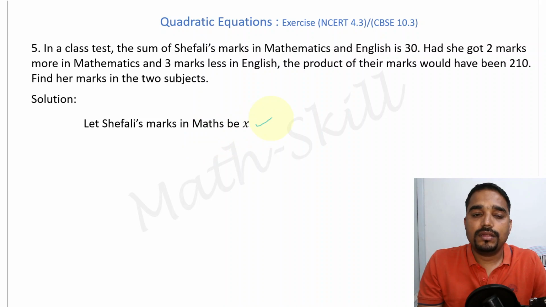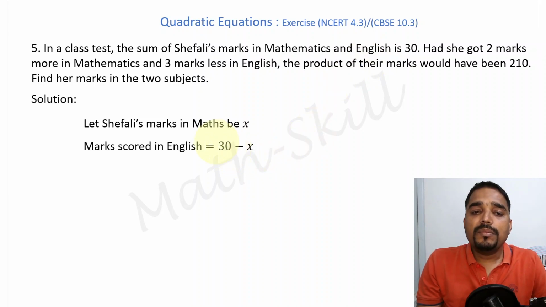If the mark scored in mathematics is x, then the number of marks scored in English would be 30 minus x. Why? Because the marks in math and English put together is 30.